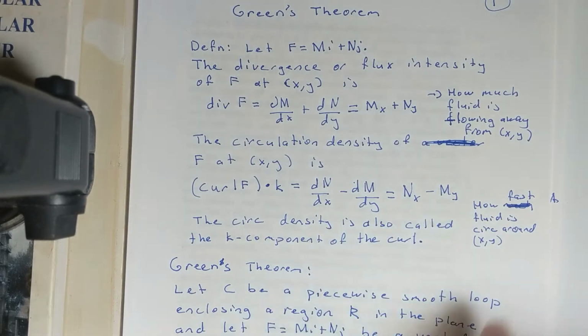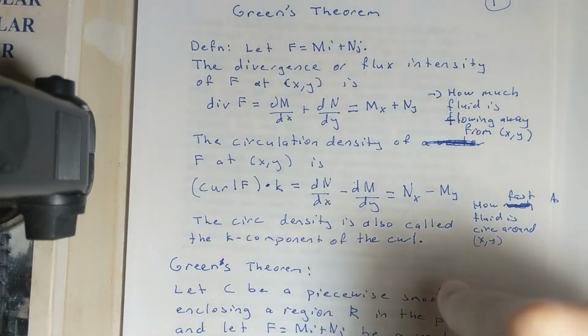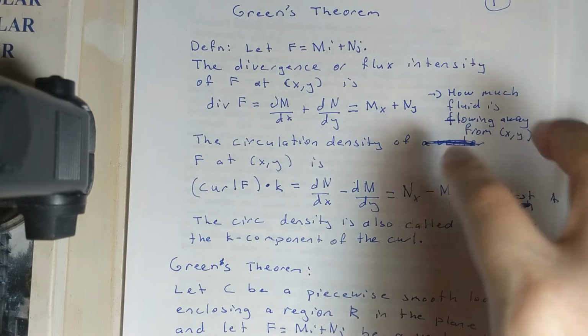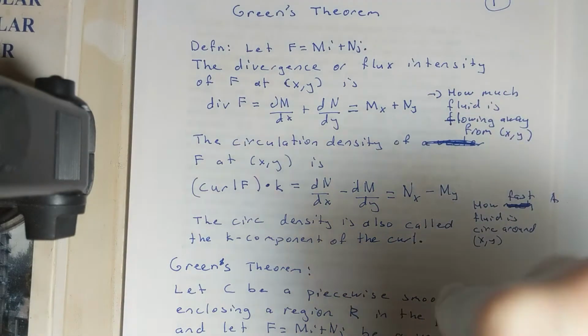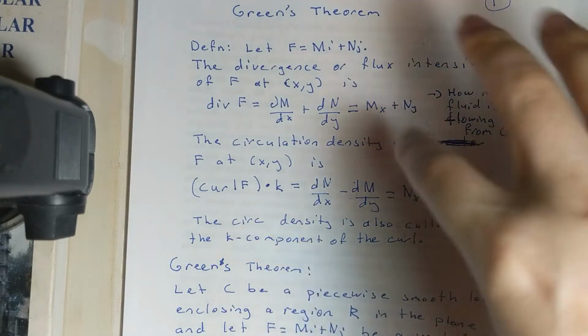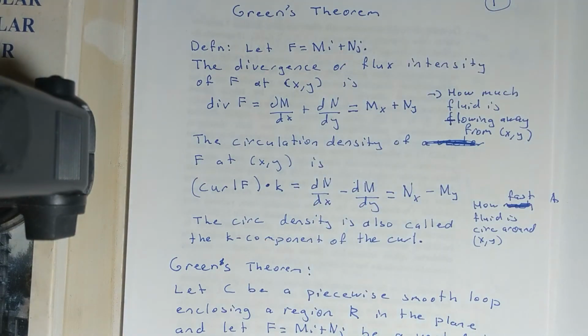So you've seen all those movies where the ship kind of goes in, keeps turning. So if you stuck a paddle into a whirlpool, into a velocity field, how fast would the paddle sticking directly in the z direction turn around itself? That's what the k component of the curl is.